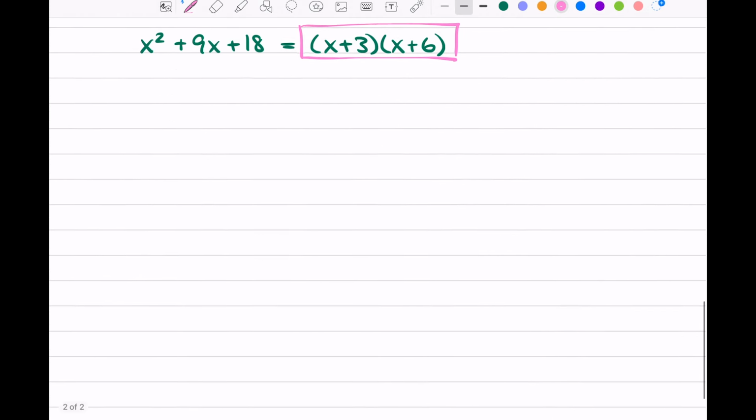Okay, let's try another one. Factor the expression x squared minus 6x plus 8. Again, it's helpful to write our FOIL above each of these pieces so we know where each of them comes from.